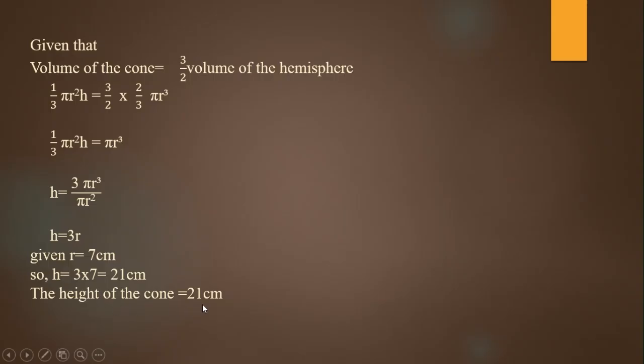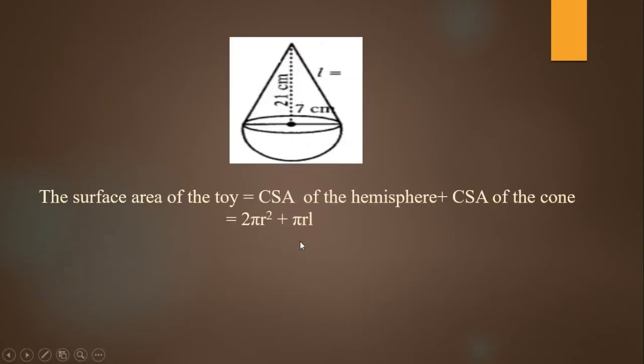Now we need to find the surface area of the toy. So, what is the surface area of the toy? The surface area of the toy is nothing but the curved surface area of the hemisphere plus the curved surface area of the cone. What is the curved surface area of the hemisphere? 2 pi r square. What is the curved surface area of the cone?